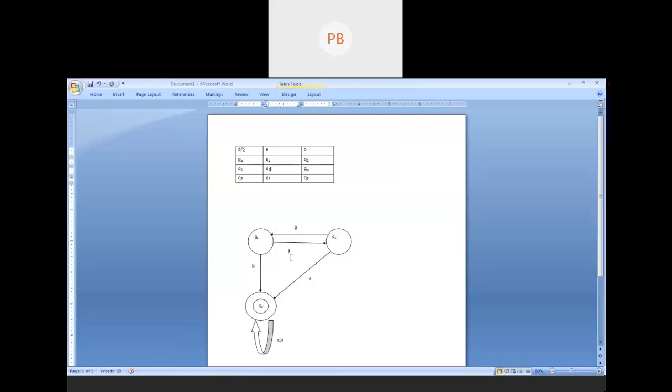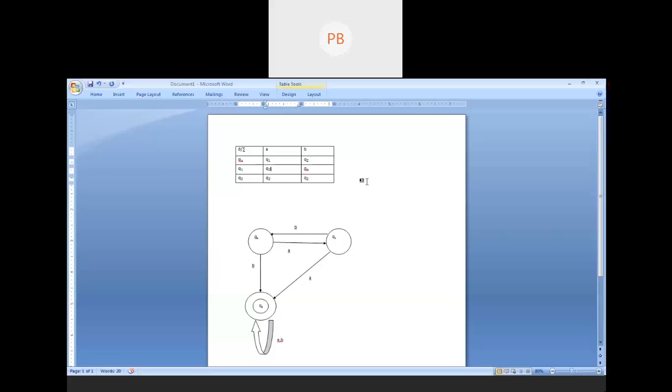And in both ways of representation, we highlight what our current state is, what our next state will be, and what the input symbol is to reach the next state.